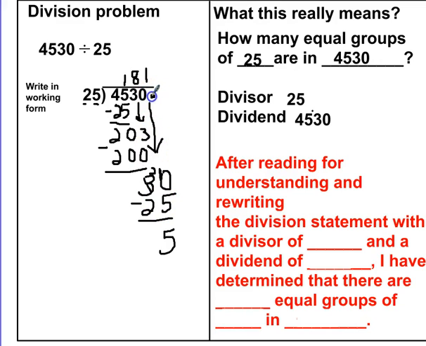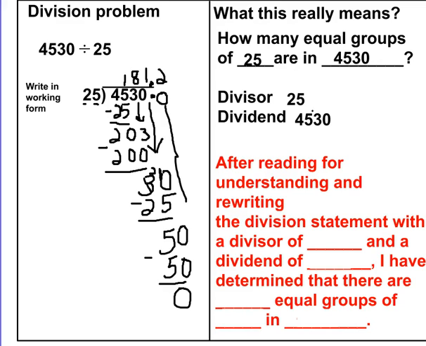And I'm going to write it as a decimal. So I'm going to add a decimal point, add a 0, and I'm going to bring this 0 down. 25 goes into 50 2 times. 2 times 25 is 50. Subtract, and I have 0.